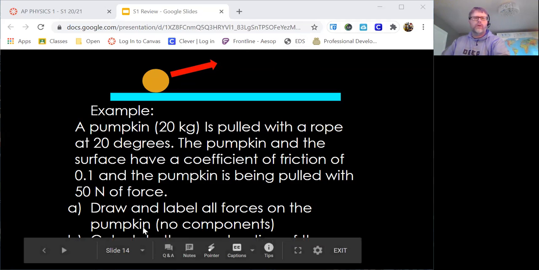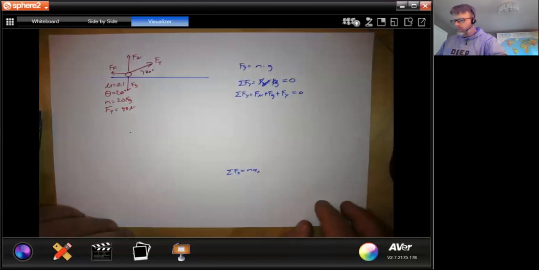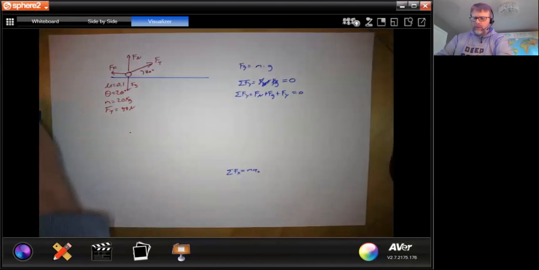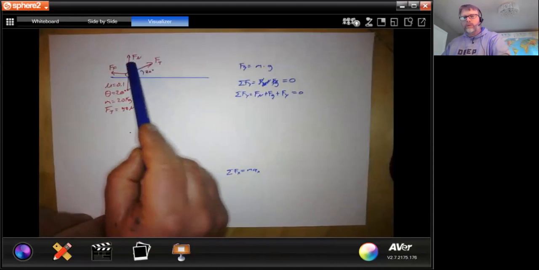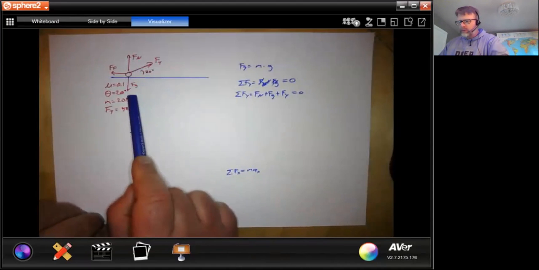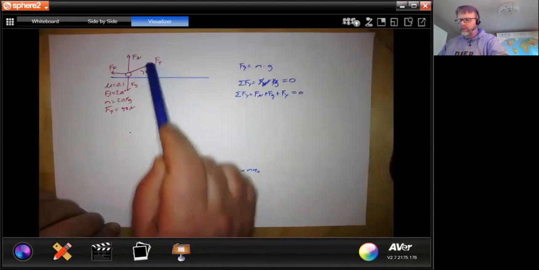So again, we're going to draw all of our forces and then solve for the acceleration of the pumpkin. Okay, so let's go ahead and turn the page and look at how we're going to solve this. I've drawn out my force diagram: my force of gravity, my force normal, my force of friction, my force of tension.